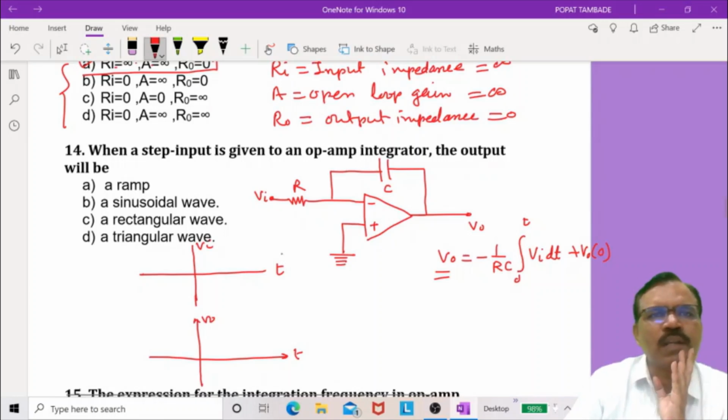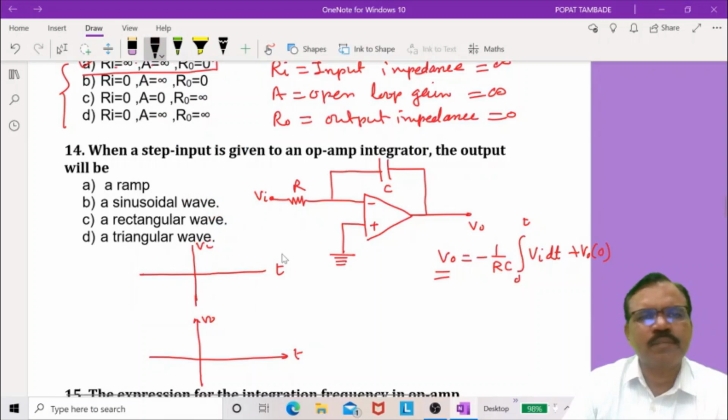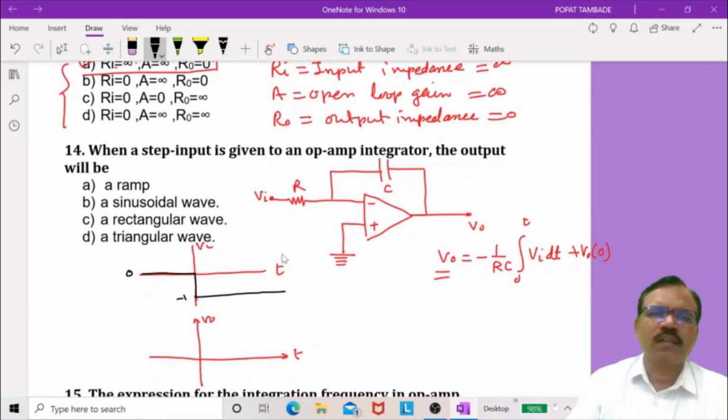Suppose we have an input like this, a step potential. Step means the input is 0, and at t equal to 0 the input becomes minus 1, and then it remains minus 1. So what happens here? 0, minus 1.